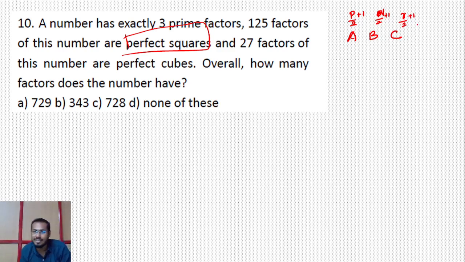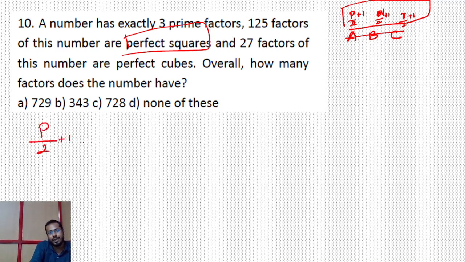So how to find the factors? p plus 1, q plus 1, r plus 1. But it is a perfect square, so I need to divide by 2. Now I need only these power values, not a, b, c, because I need to find only the factors. So let's take p divided by 2 plus 1. Okay, this is one thing. Next, q divided by 2 plus 1, and r divided by 2 plus 1. Okay, overall the number of factors is 125.